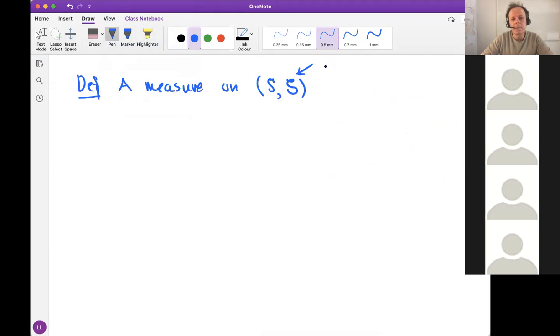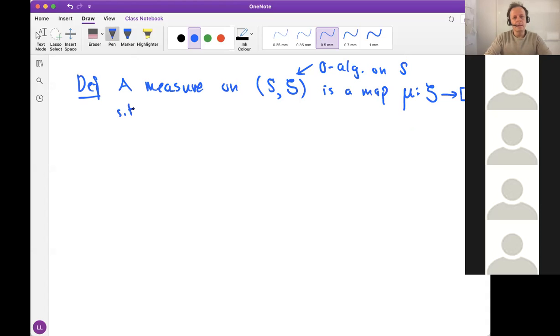So let's note that this is a sigma algebra on the base set S. A measure is a map, which is a function from the sigma algebra to the extended real numbers from 0 up to and including infinity.